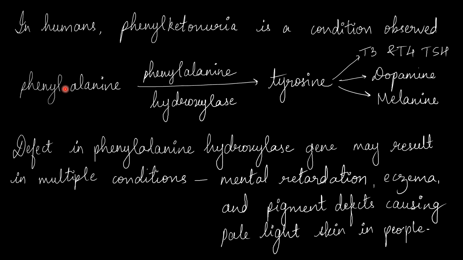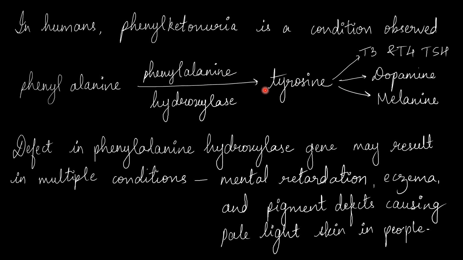We depend upon food sources, and the protein in the food is then broken down into individual amino acids by the body's digestion and metabolic processes. So, phenylalanine is one of the amino acids. Now, this phenylalanine is converted to tyrosine in the presence of phenylalanine hydroxylase.